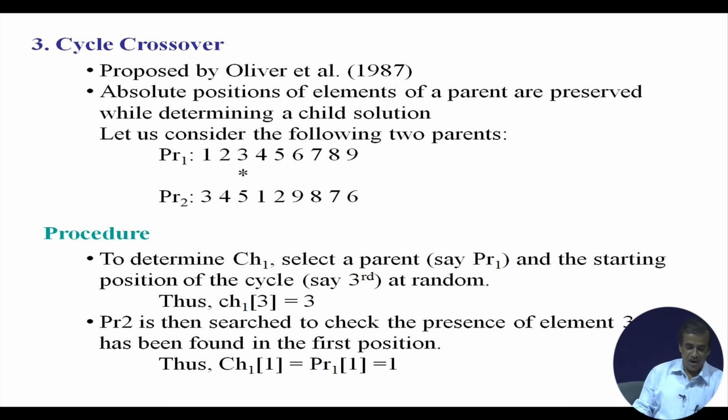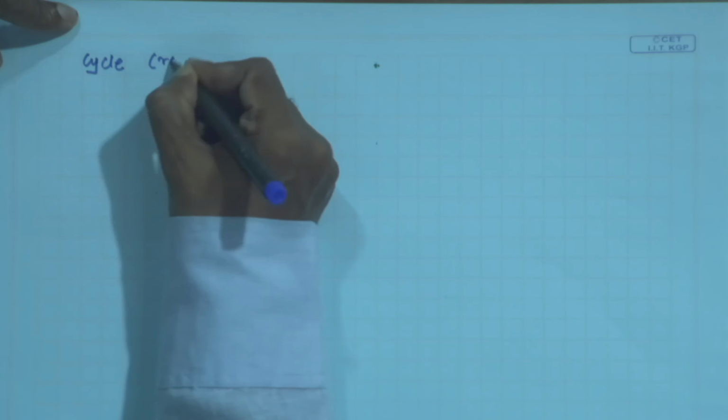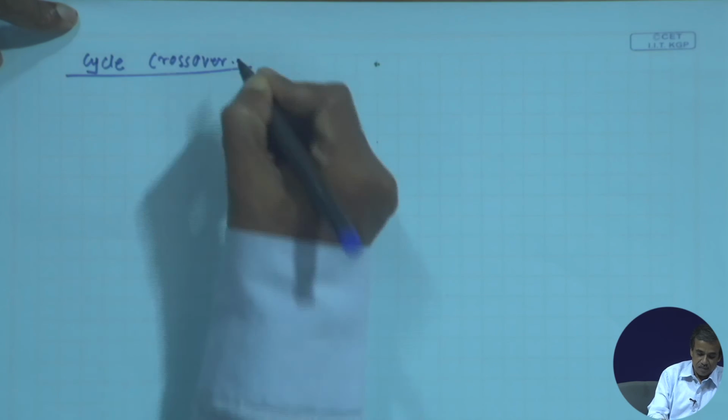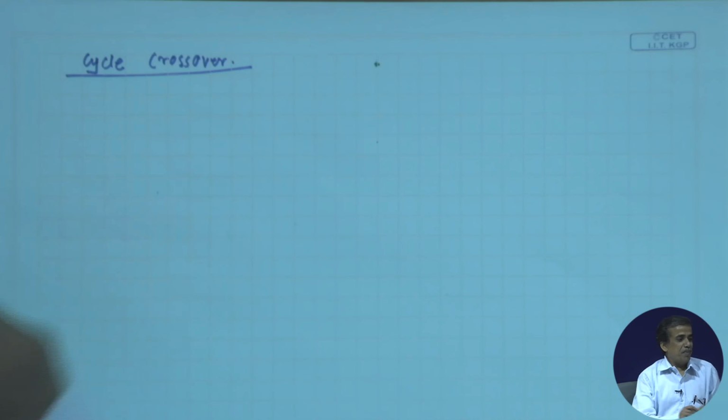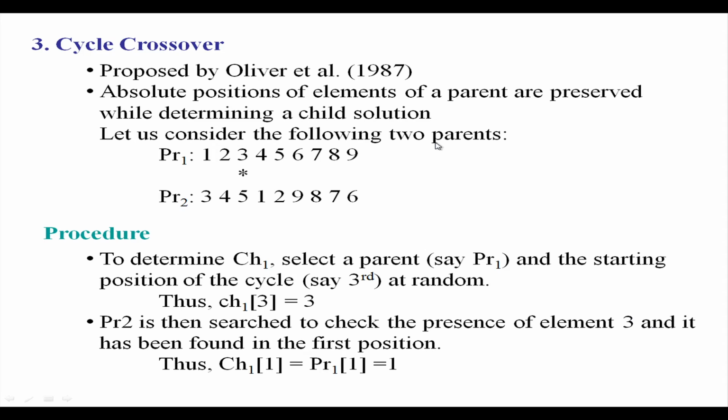Now, next is the cycle crossover. It was proposed by Oliver et al. in the year 1987. Here, the absolute positions of elements of a parent are preserved while determining a child solution.